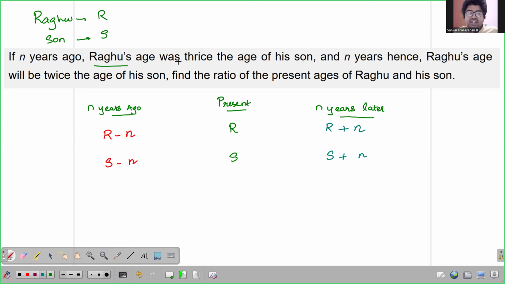Now, if n years ago, Raghu's age was thrice the age of the son, R minus N is equal to 3 times S minus N. This is what is given.